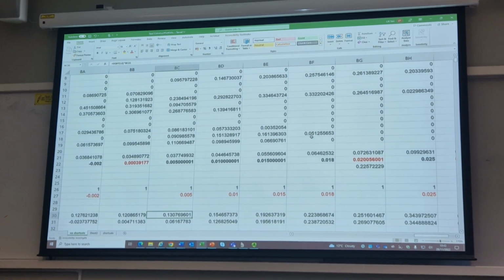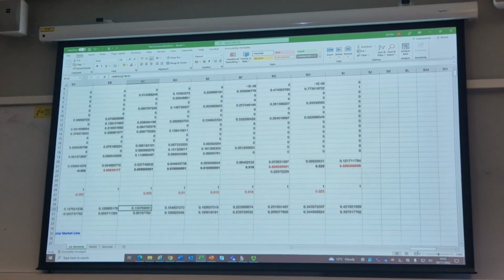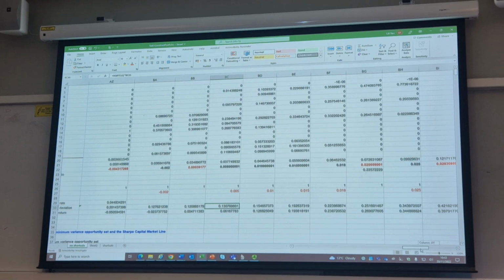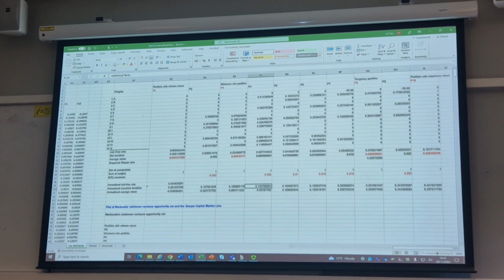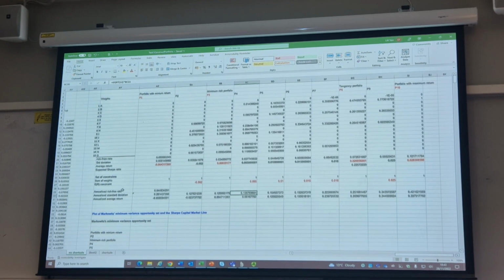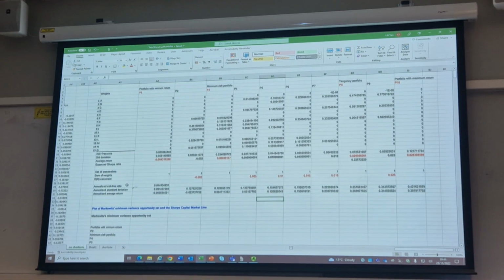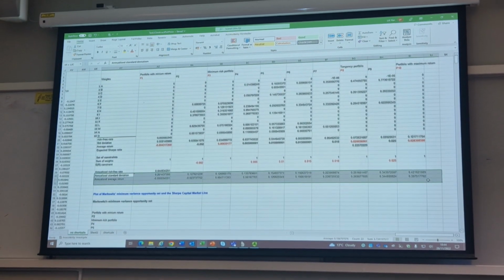And then after constructing all the portfolios, we can depict the minimum variance frontier. To do that, we can first transpose these two rows.